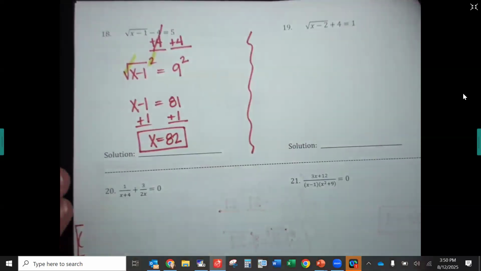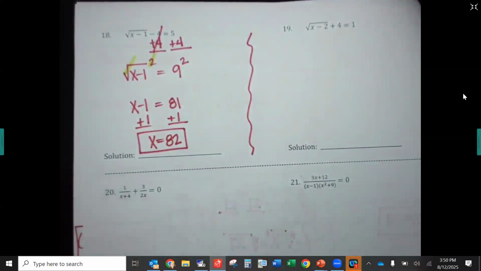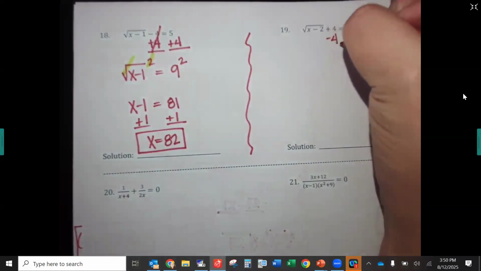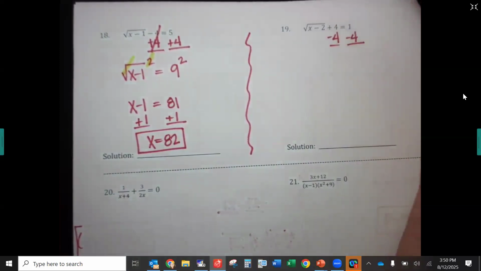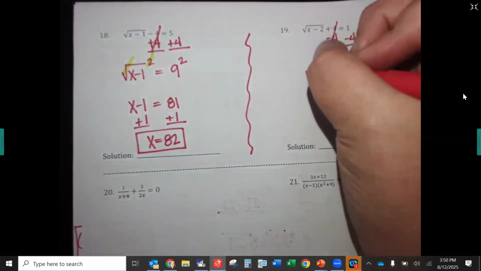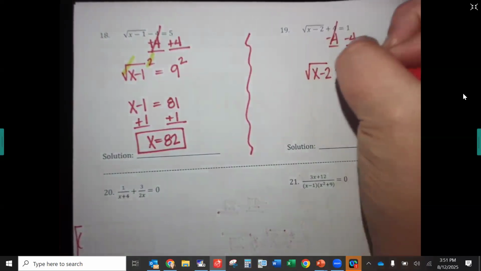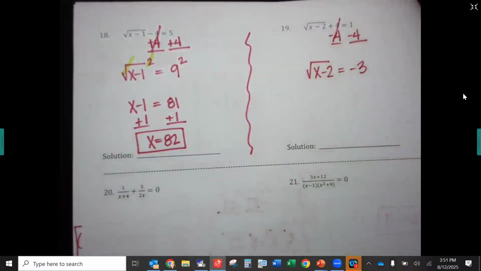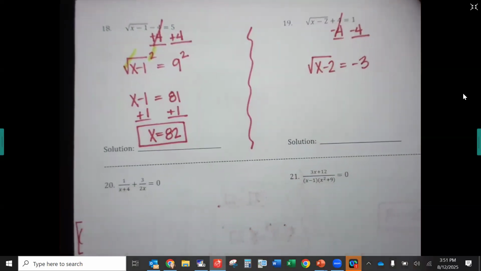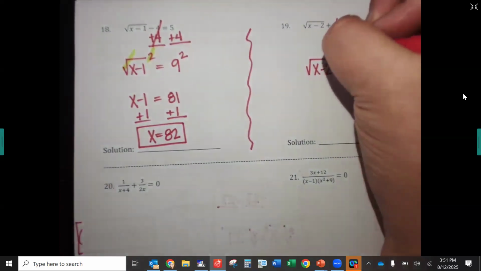What do we need to get rid of first? Plus 4 with a minus 4. And 1 minus 4 gives me what? -3. Okay, then from here, to get rid of this square root, you're going to apply a squared.